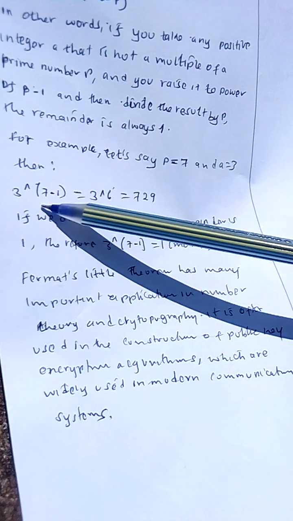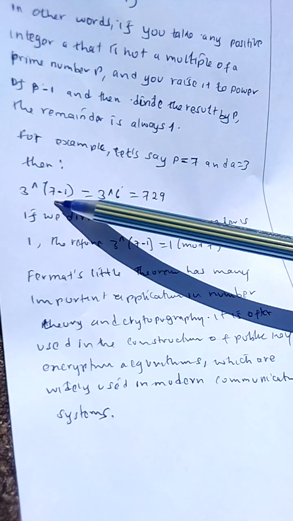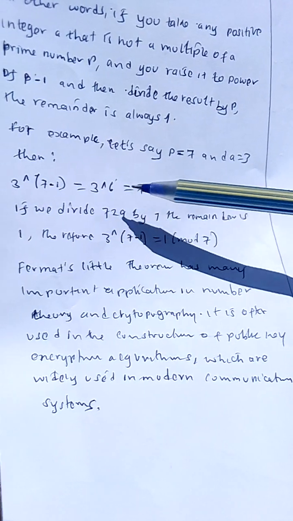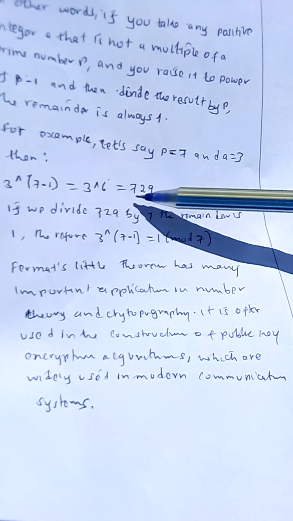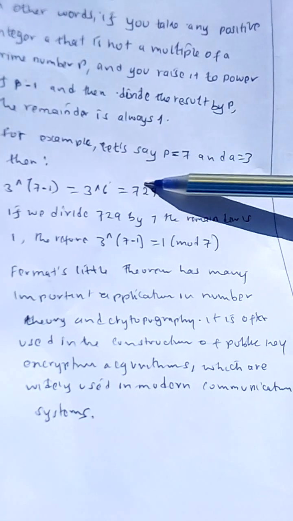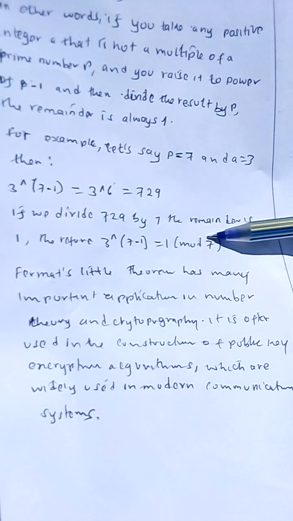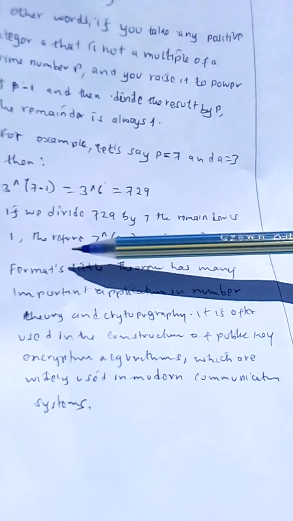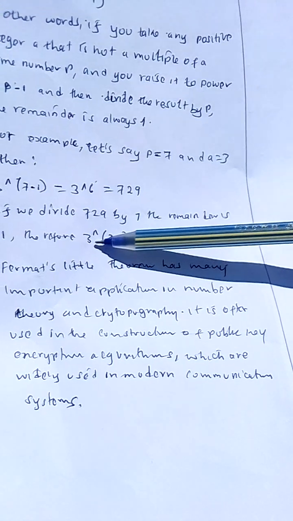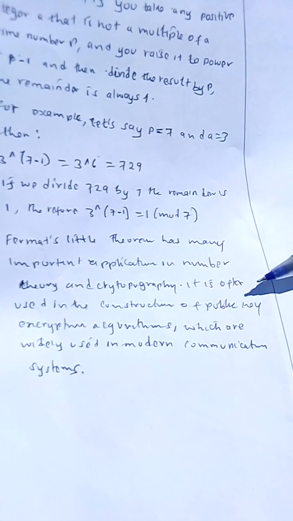Remember that 7 is P. So 7 minus 1 is 6, which is equal to 3 to the power 6, which is 729. If we divide 729 by 7, the remainder is going to be 1. Therefore, 3 to the power 7 minus 1 is equal to 1 modulo 7.